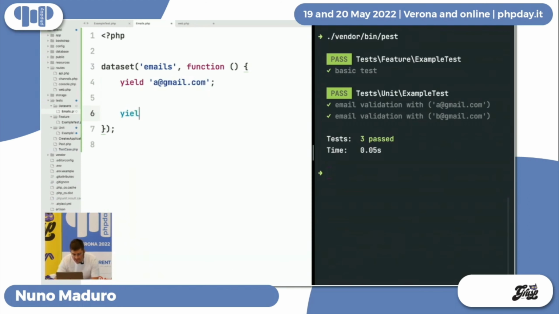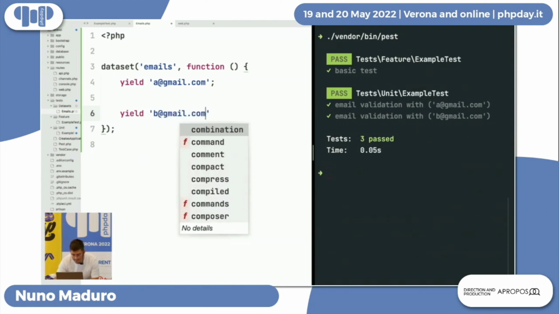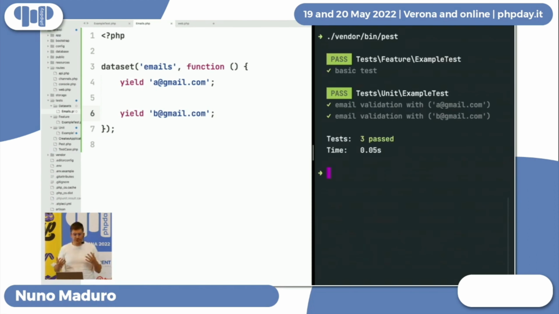And if I do this, I equally get the exact same result, as you can see. And this is pretty useful. Sometimes you just want to fetch this information from somewhere. Sometimes you want to make this information random, and you are allowed to run the same test with multiple information. And this is datasets on Pest PHP.